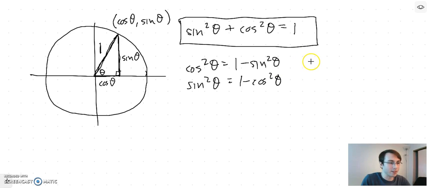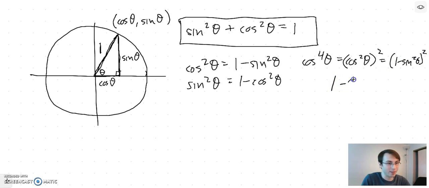You can have things like cos fourth theta equals, well, that's cos squared theta quantity squared, so that's 1 minus sine squared theta squared. If you expand that out, that's 1 minus 2 sine squared theta plus sine fourth theta. So you've got a ton of relationships there.